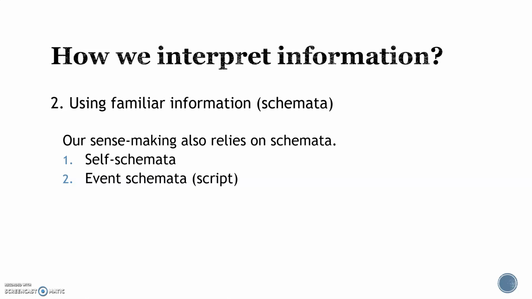So I would expect to have a good time dining in this restaurant because we have a female waitress to take care of us. Here I'm using the third type of schemata, the role schemata, to interpret this information. That is, my understanding about gender tells me that waitresses are better at taking care of people, so I expected to have a good time here. That is the third type of schemata.